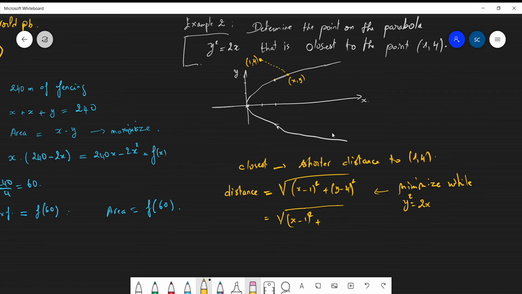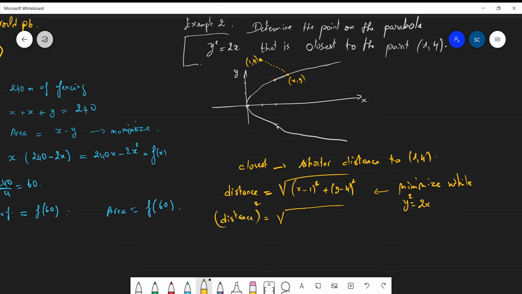Instead of dealing with this square root, I will prefer to take the square of this quantity, because it will help me avoid deriving a square root function, and I will always come back and take the distance.